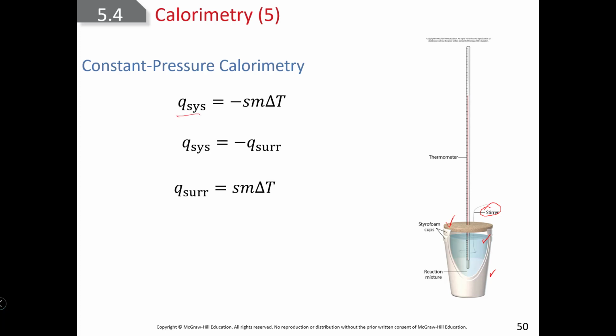So, define the system. What is my system? You have to define it. The system is the water here, or the solution. If the heat leaves the water and it causes the thermometer to go up, then that would be an exothermic process, and we would get a negative value here.